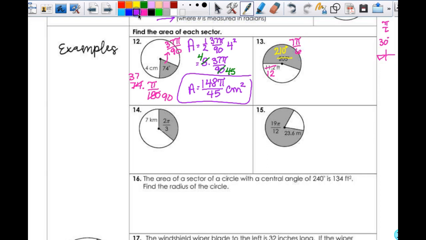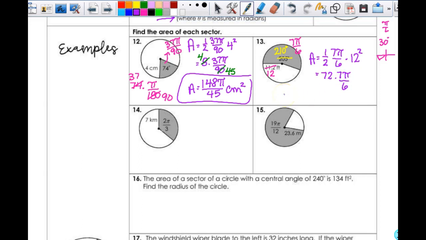So when I go to substitute that in, A equals 1/2. My theta is 7 pi over 6 times r squared. That's 12 squared. What is 12 squared? 144. Half of 144 is 72 over 6.